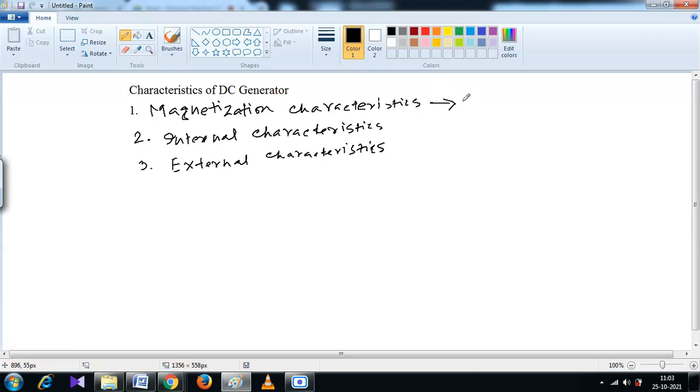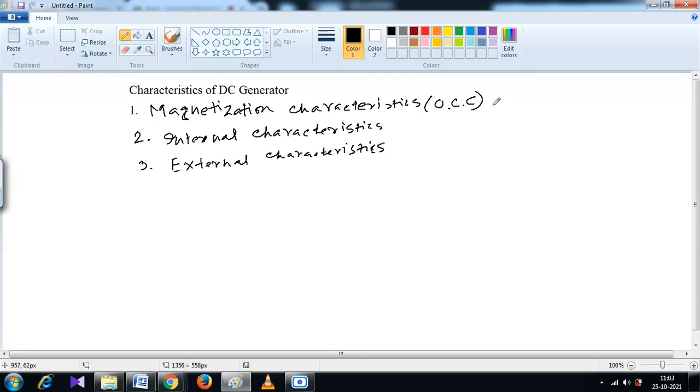What are the magnetization characteristics? And actually, what is plotted in magnetization characteristics? The magnetization characteristics is also called open circuit characteristics, OCC.